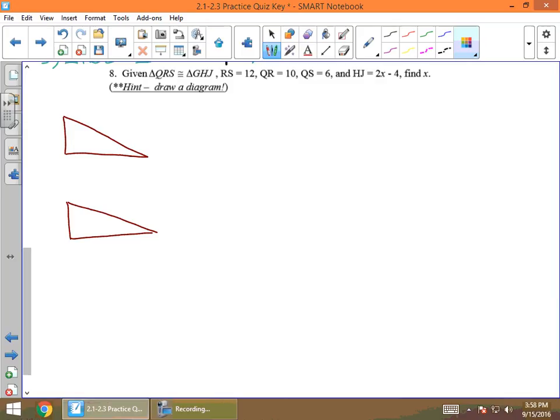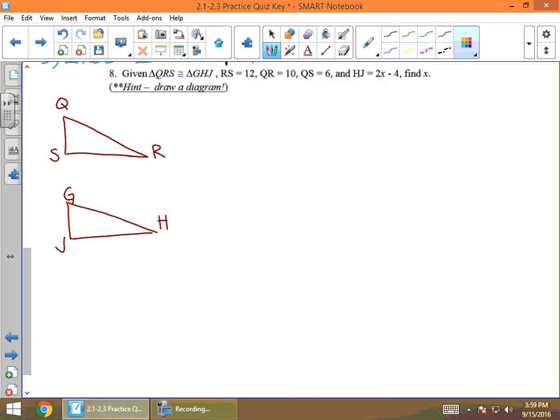I'm going to label the first one Q, R, S. And the second one, remember, the order matters. So wherever you put Q, put your G. Wherever you put R, put H. And wherever you put S, put J. So those are my two different triangles.